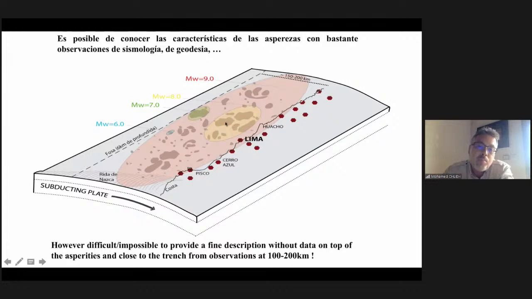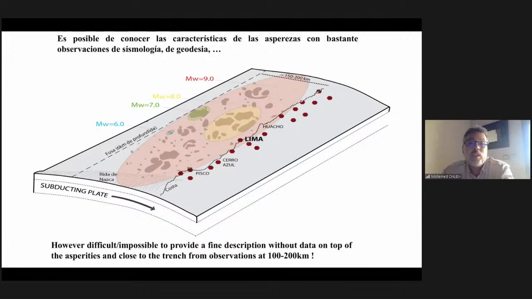Potentially, we can say what happened in this area, and the closer we are to the trench, or on top of the different asperities, the better we will be able to describe that. But what we have so far is mainly inland points, and we have to make some guess of what would happen in this area where we do not really have a direct observation on top.